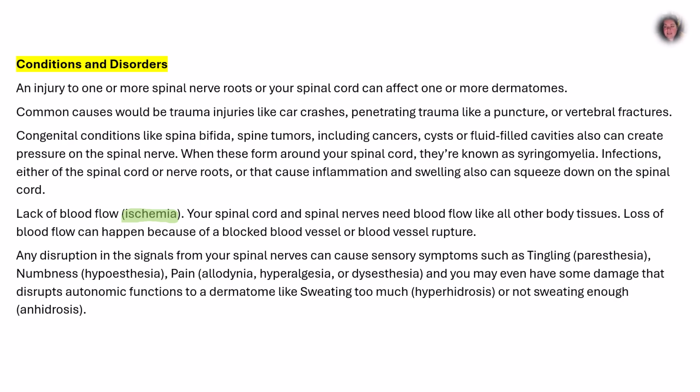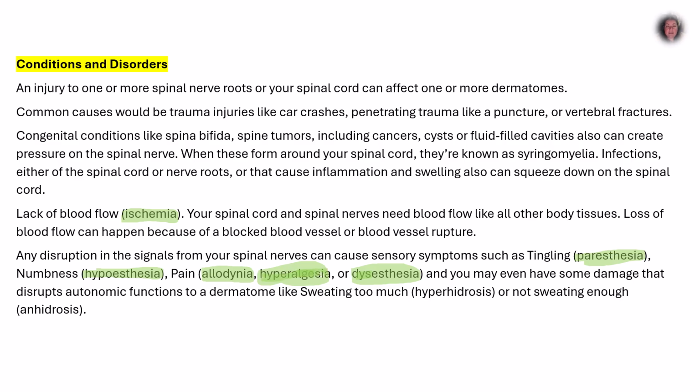Well, you could get tingling, which is paresthesia. You could also get numbness, which is hypoesthesia. You could get pain, all right? You might want to look these up, like allodynia, hyperalgesia, or dysesthesia. These are all important terminology to break down, right? Dys is dysfunction.